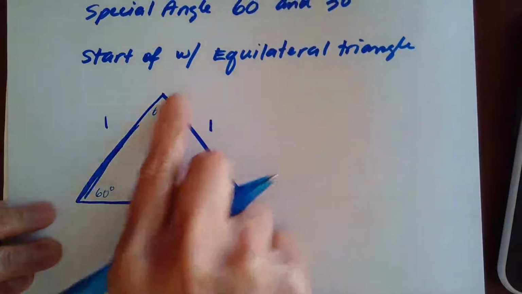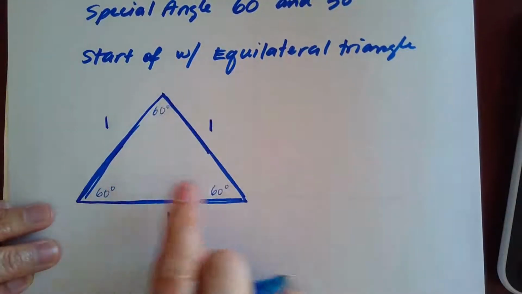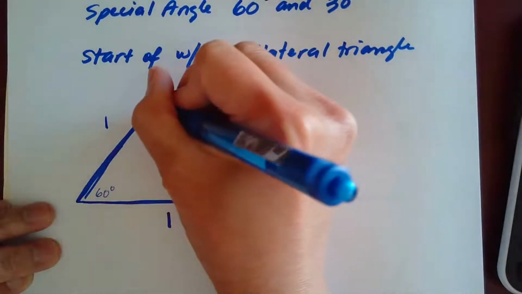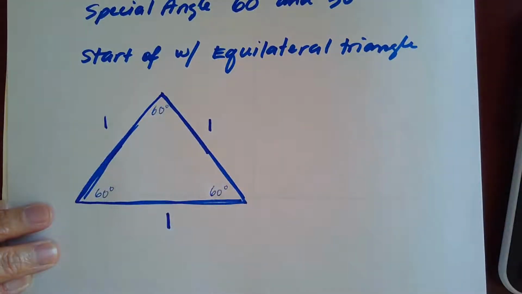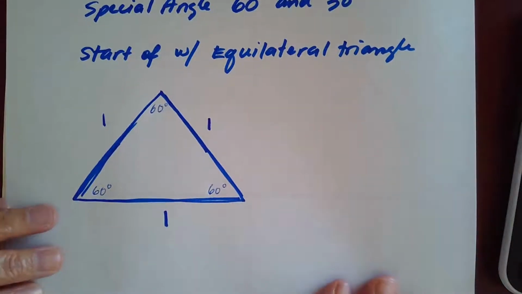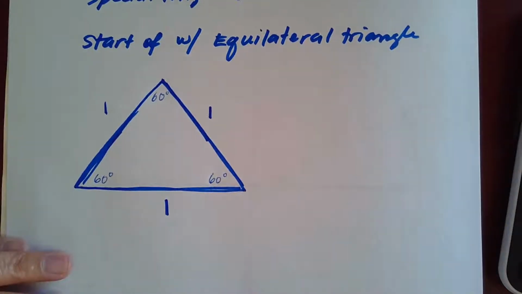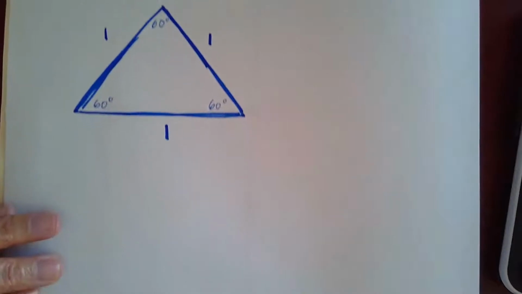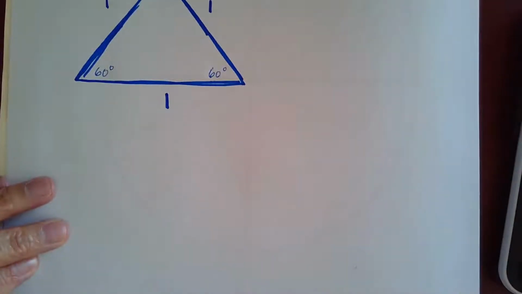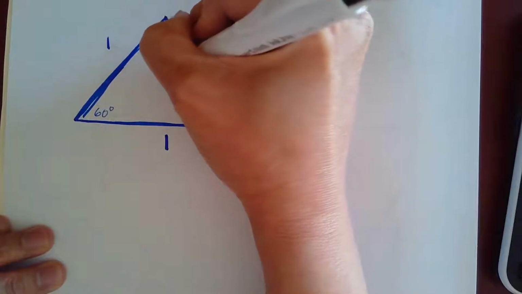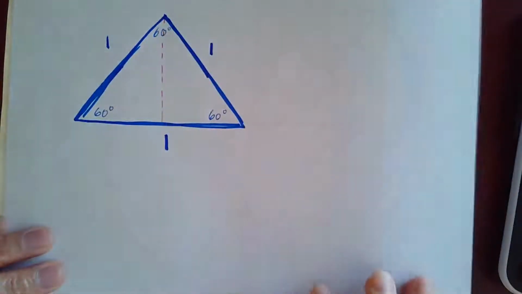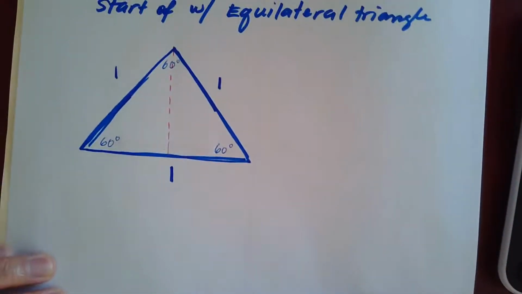Okay, so that's a great start. 60, 60, and 60. And that's a property of a triangle, that the sum of all the angles in a triangle adds up to 180 degrees. So what does that mean? What I could do is cut this in half.